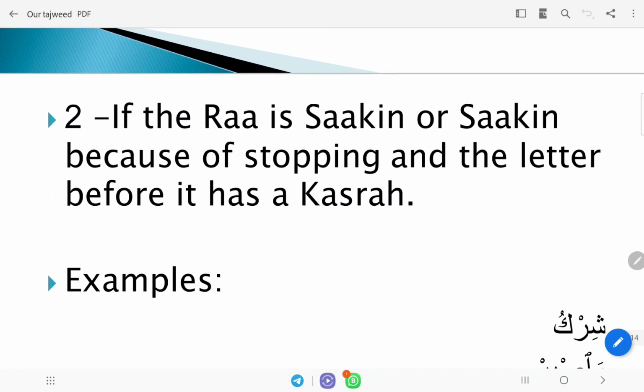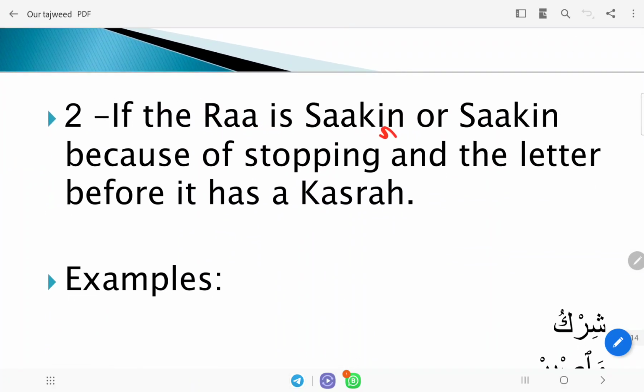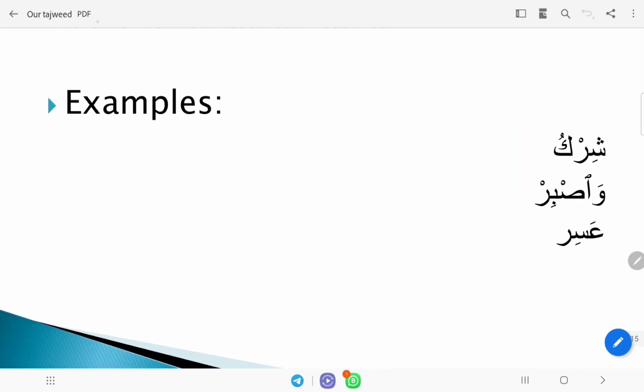The second case is if the ra is sakin, or sakin because of stopping, and the letter before it has a kasra, as in these examples. Shirk, here the ra is sakin, and it is preceded by the letter shin with kasra.